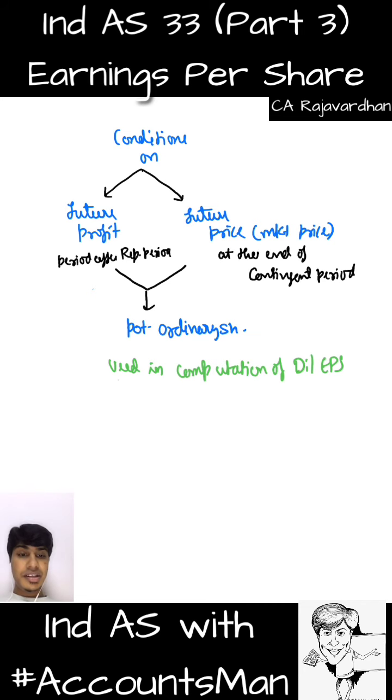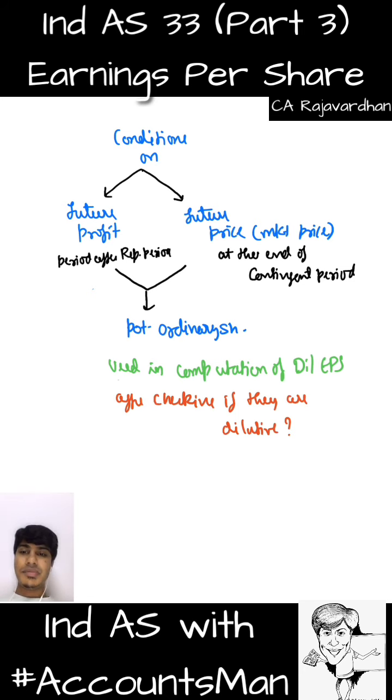However, we cannot straight away take it into computation of diluted EPS. You get that? It is used after checking if they are dilutive. So we'll not straight away take them.